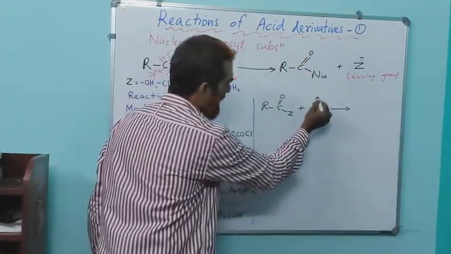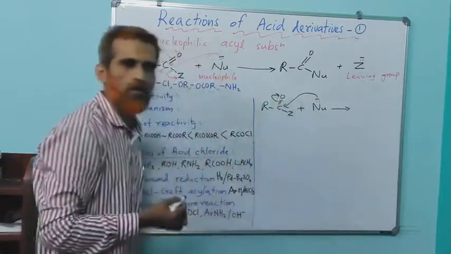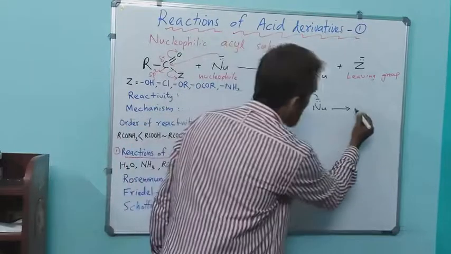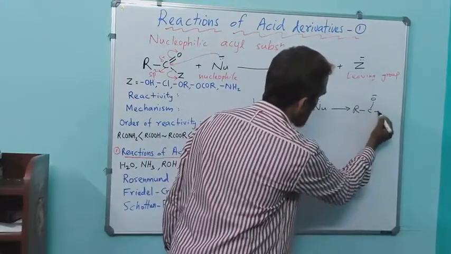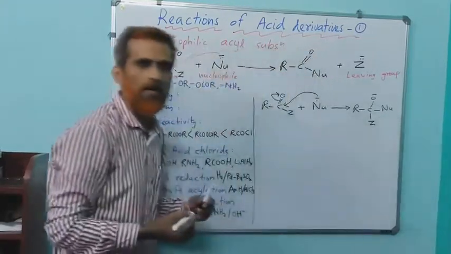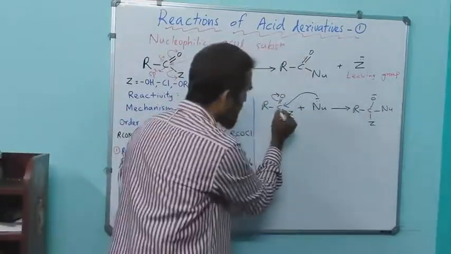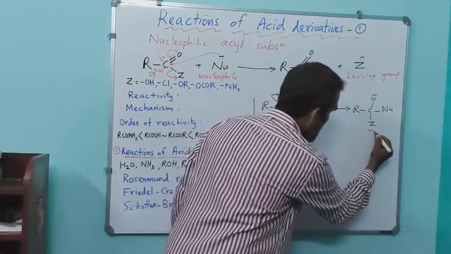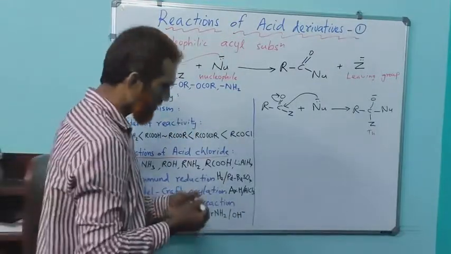So the nucleophile attacks this carbon and this pi electron shifts towards oxygen. You get the intermediate like this, with a negative charge. See that it is an sp3 carbon now, sp2 becoming sp3. So it's a tetrahedral intermediate. Now, so this is step 1.